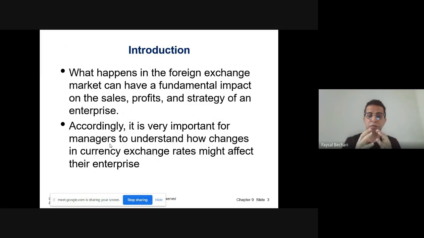So the pricing and the profit are also set according to the economy, and the sales, profit and strategy of an enterprise. Accordingly, it's very important for managers to understand how changes in the currency exchange rate might affect their enterprise.